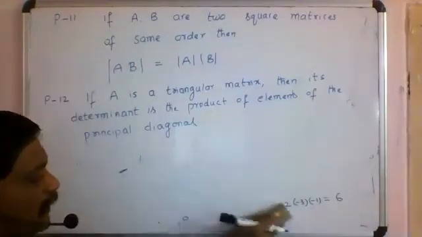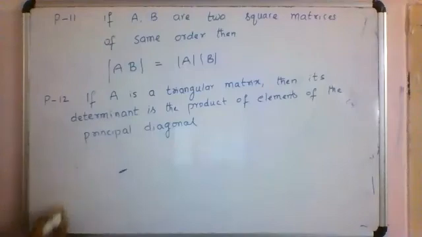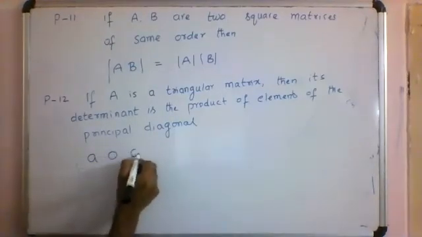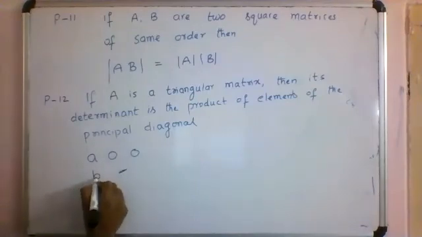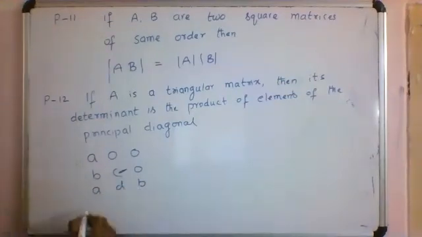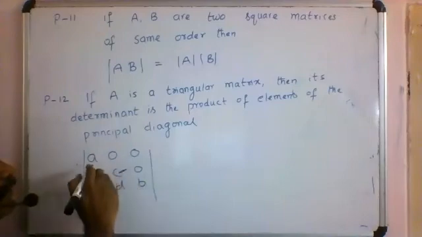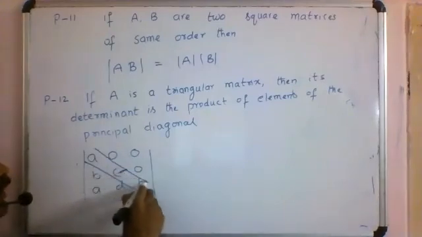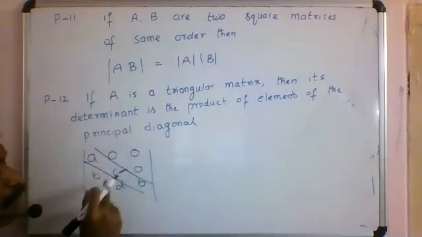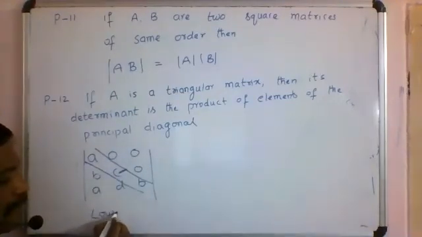I'll write one example on a triangular matrix: A, 0, 0, B, C, 0, and A, D, B. If I keep like this, since this is the principal diagonal and above the principal diagonal all elements are zeros, therefore this is called a lower triangular matrix.